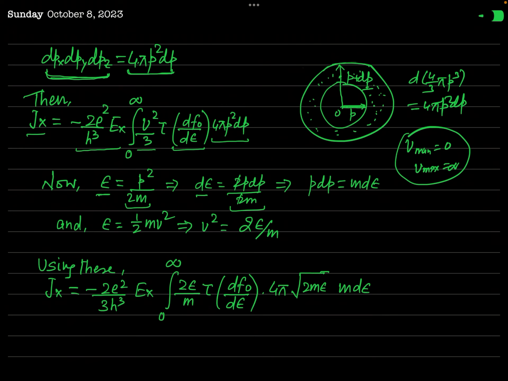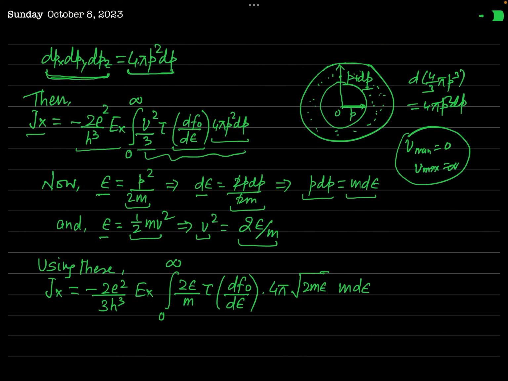This 2 and this 2 will be cancelled out, and so p dp is equal to m d epsilon. Okay, and again this epsilon is equal to half mv square, because this is non-relativistic kinetic energy, and so v square is equal to this much. So using these, we can express the integrand here in terms of only one variable epsilon.